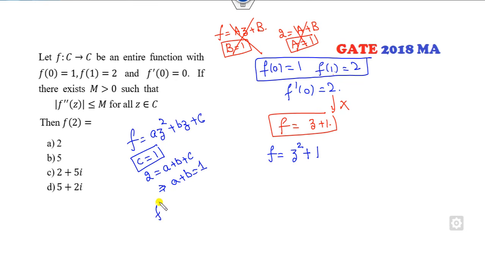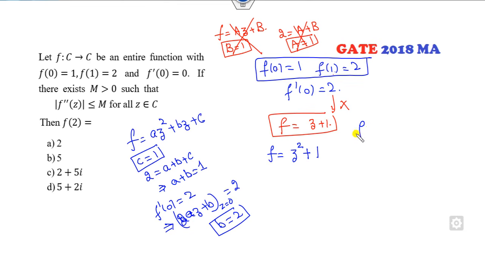F dash of 0 is 2. What is the derivative of this? It is 2az plus b, at the point z is 0, it is 2. So b is 2. Once b is 2, a will be minus 1.